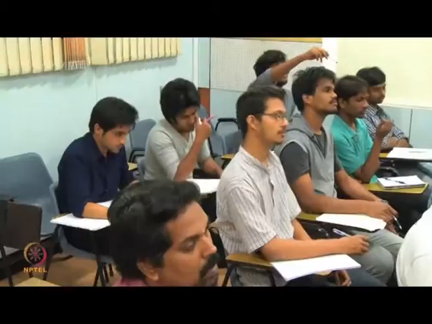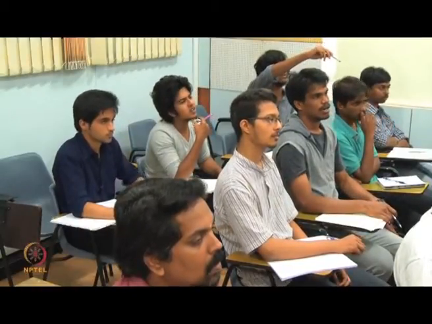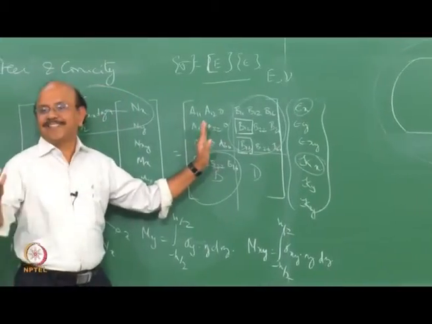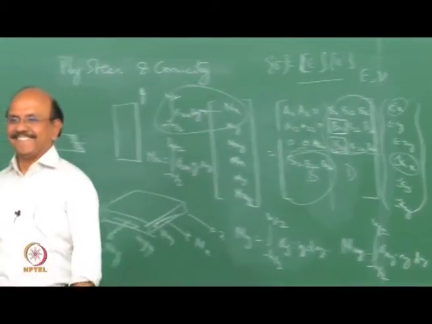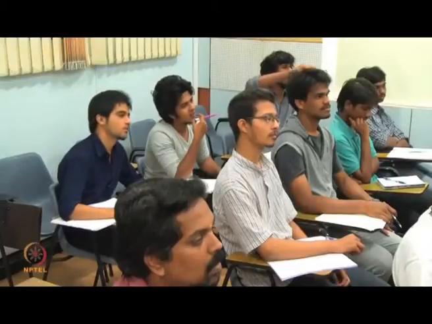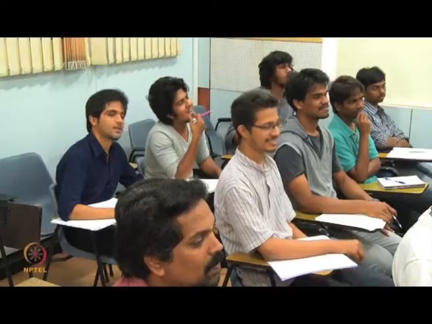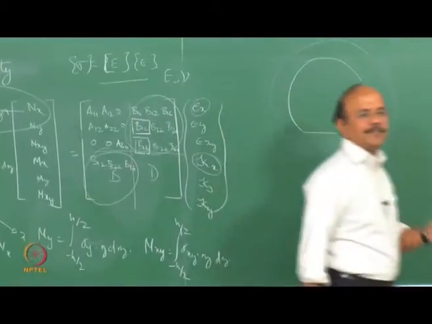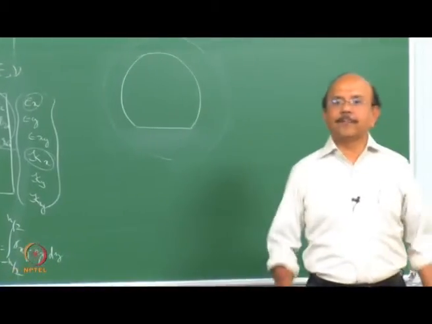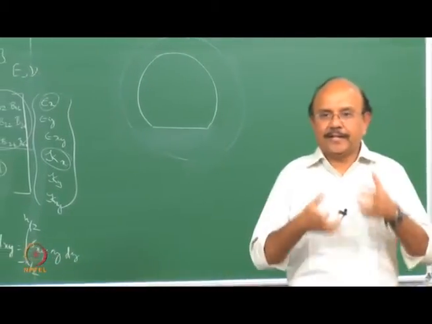Sir, why are some terms of the A matrix 0? Yeah, that's why I said let's not. Why is that 0? There is no coupling between those elements. Of course. Why? Because there is no coupling term between the shear and the longitudinal force. Poisson's effect is only x to y direction.